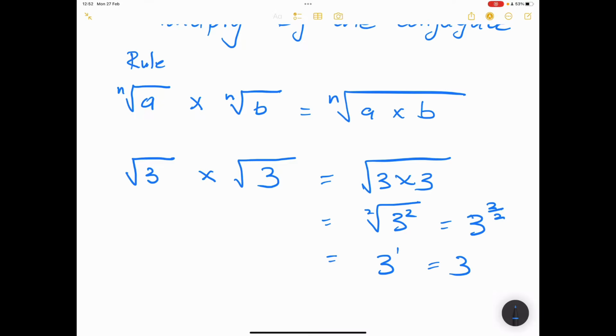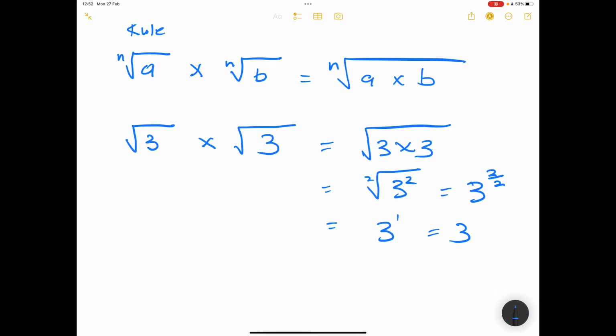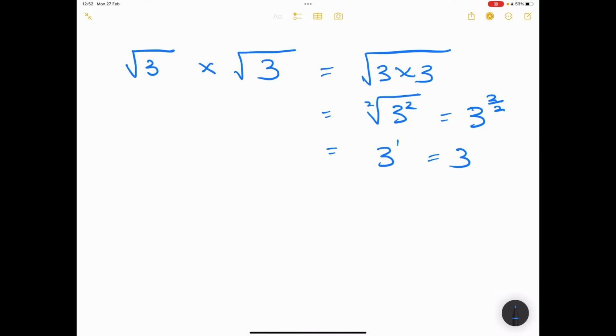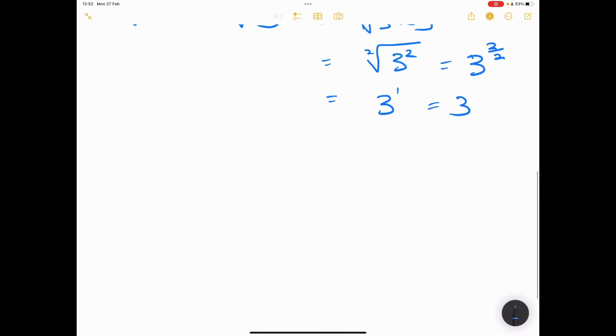Now, what am I saying to you? That if we multiply 2 surds that are exactly the same, so if I have the nth root of c multiplied by the nth root of another c, let me rather use the square root so that I don't make a mess of it.